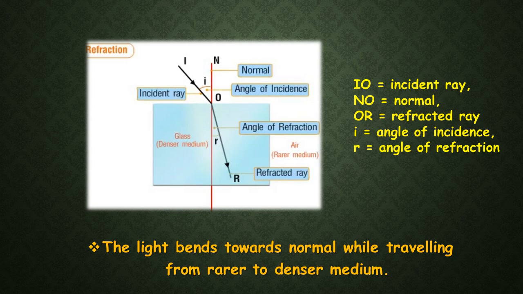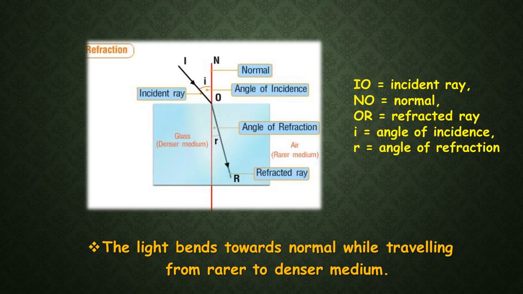And you can see in this picture that the ray is bending from its original path, and its bend is towards the normal. In case of reflection, the angle of reflection was equal to the angle of incidence. This was the law of reflection.